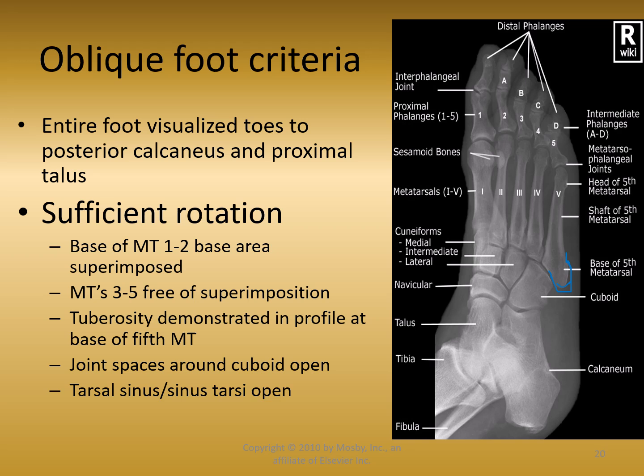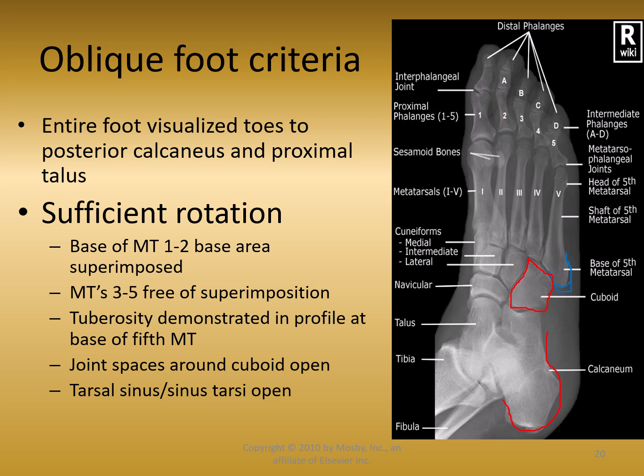We will be looking to see the intertarsal spaces all the way around the cuboid. The cuboid will be free of superimposition of that third cuneiform, which was a problem in the AP foot x-ray, right? We will be turning the calcaneus out. We'll be able to see the calcaneus more.